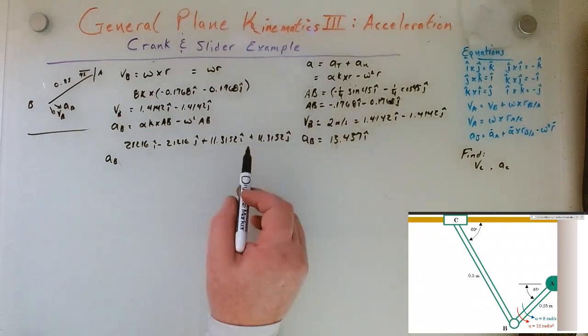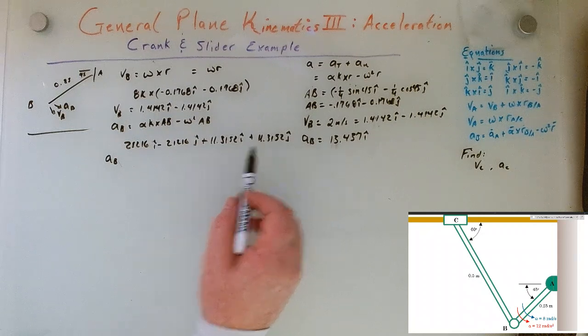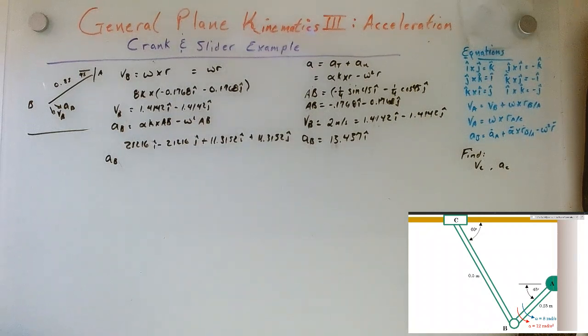And then in the j direction it's essentially 11.3152 minus that. So let's see.